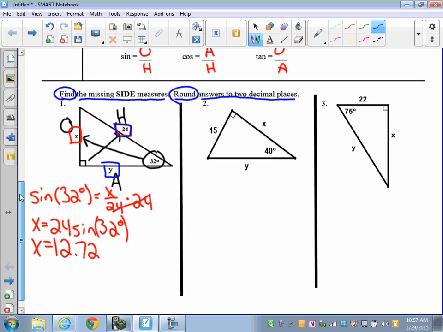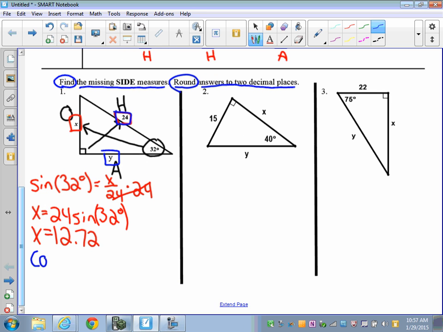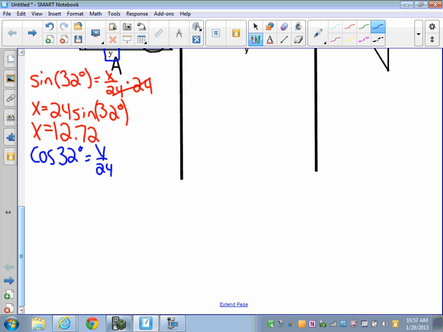That's adjacent and hypotenuse, so that would be cosine. So cosine of 32 degrees is equal to y over 24. To solve for this, I multiply both sides by 24, so I get 24 cosine 32 degrees is equal to y.